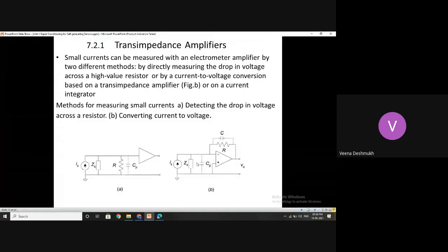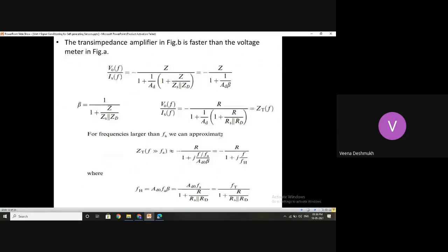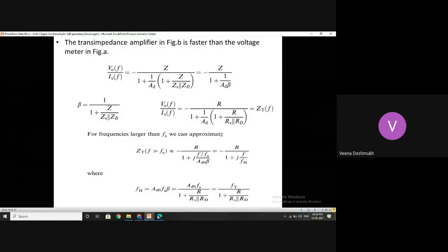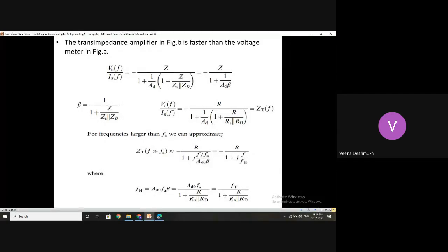And once this capacitor is charged, measure the voltage across it. That voltage is applied across the inverting or non-inverting terminal as a difference amplifier. Then amplify that signal. So that is converting current to voltage. So by any of these mechanisms, you can measure small values of currents using either electrometer or transimpedance amplifiers.